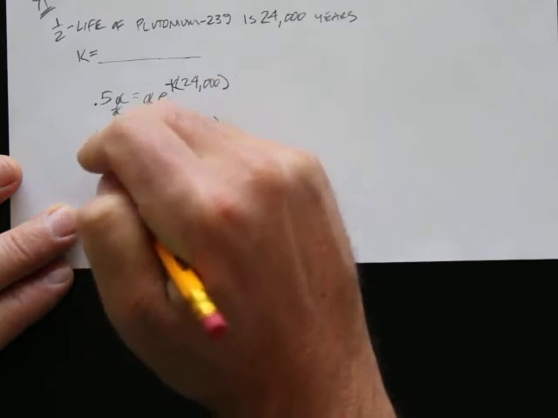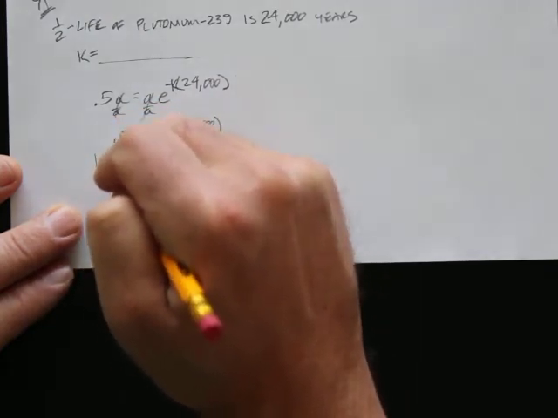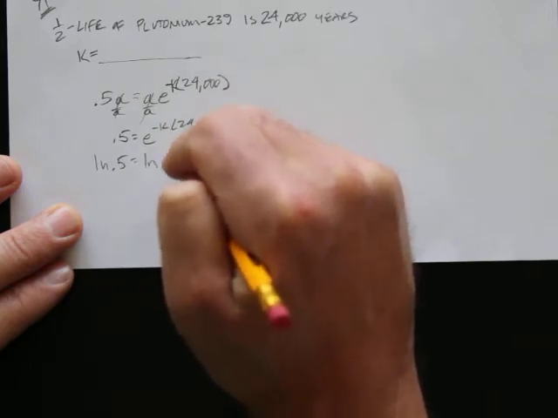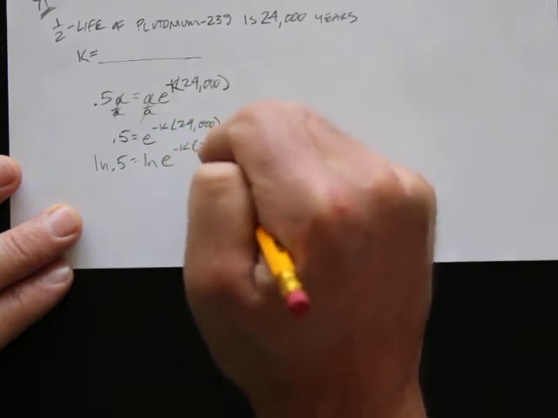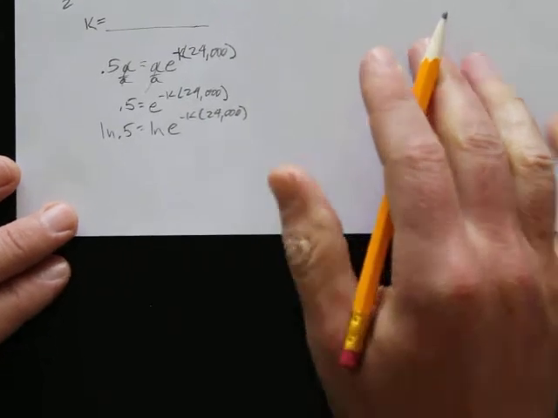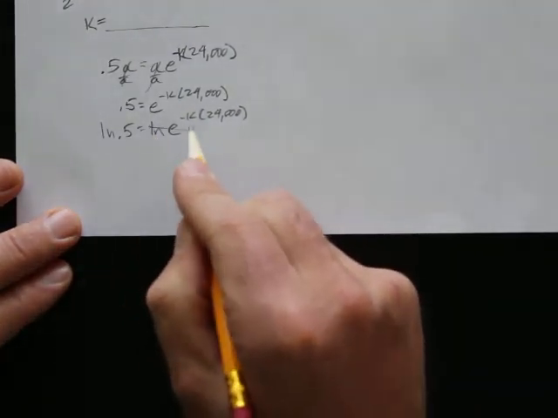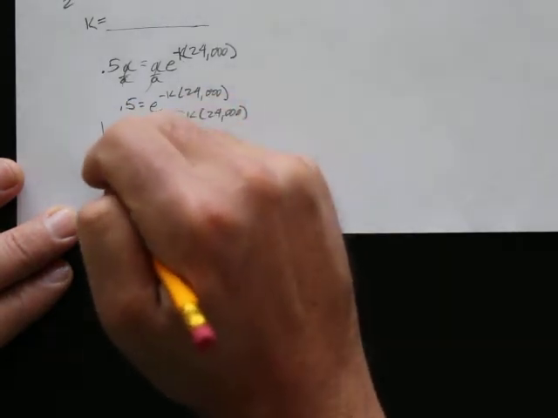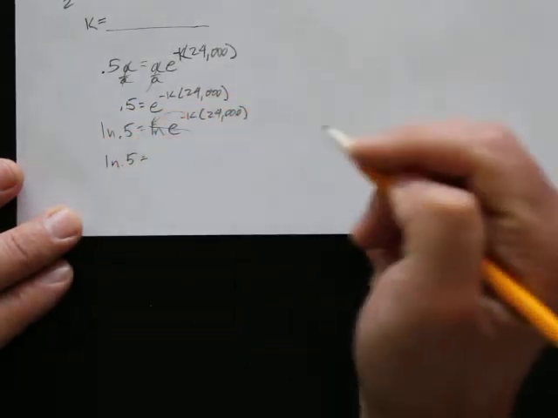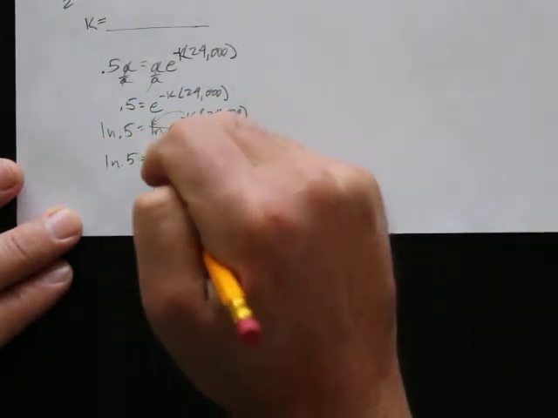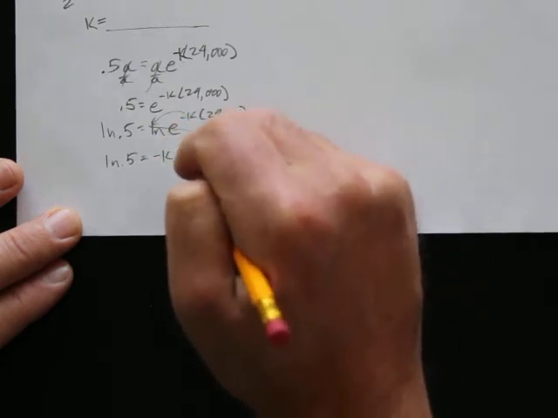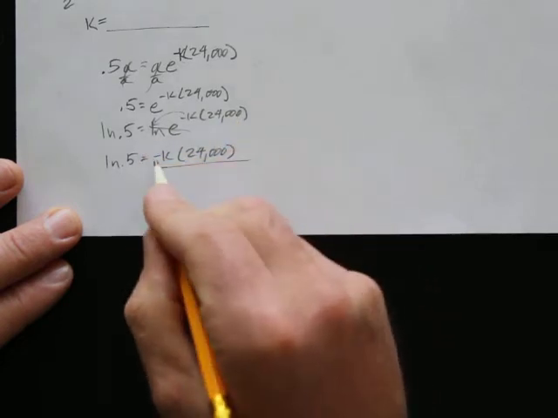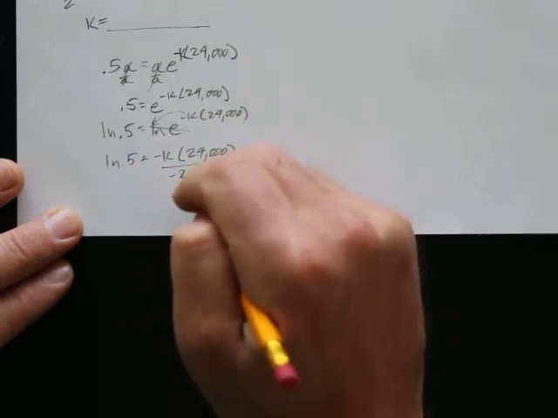Take the natural log of both sides, so I'll write that out. Natural log of 0.5 equals natural log of e to the negative k times 24,000. And then the natural log of e, all this stuff comes down here, this goes away. So I have natural log of 0.5 equals negative k times 24,000. Divide both sides by negative 24,000, to get that negative out of there.